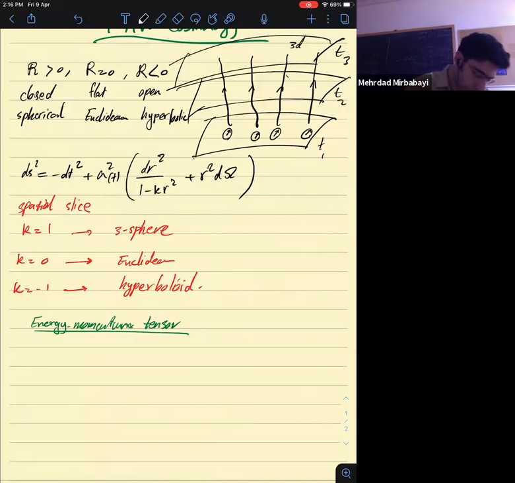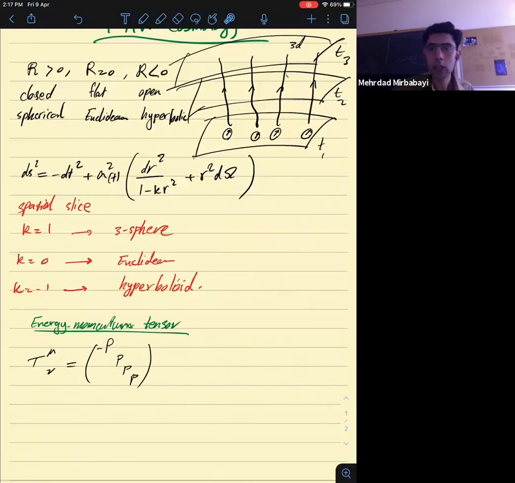The form should be of this form. T mu nu should be diagonal, and also all the spatial parts have to be the same. So I call T00 minus rho, and then the spatial parts, I call them P.